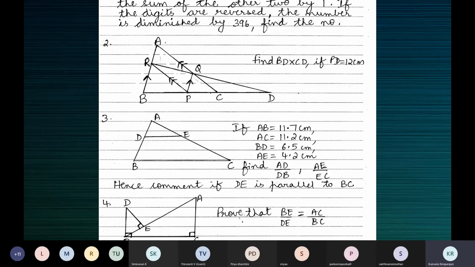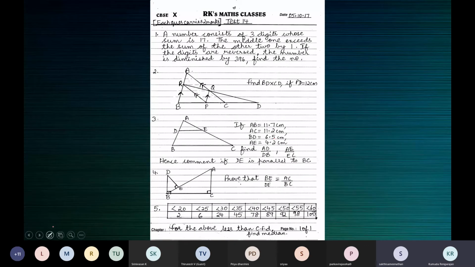No, you should identify the triangle correctly. QP is parallel to RB, right? So Q is a point on which side? Ma'am, in triangle RBD it is parallel. No, wait, one minute, I'll tell you something.